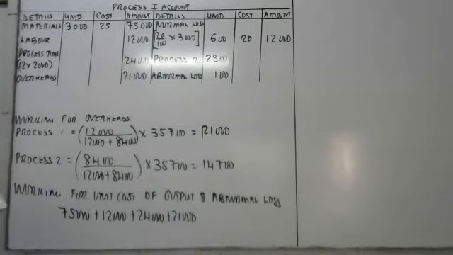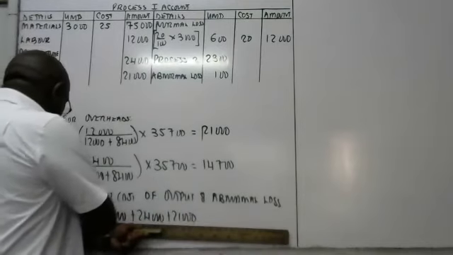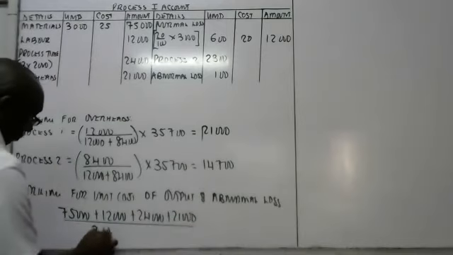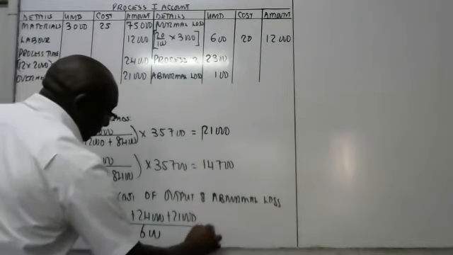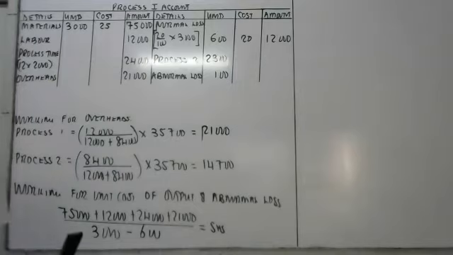When you add all those costs, then you divide all this by 3,000 minus the normal loss of 600.